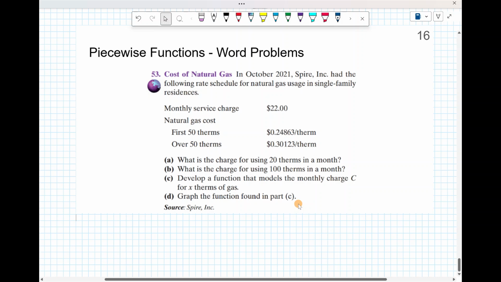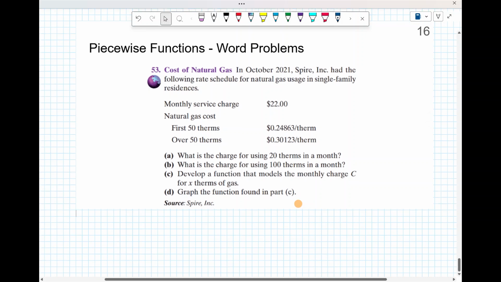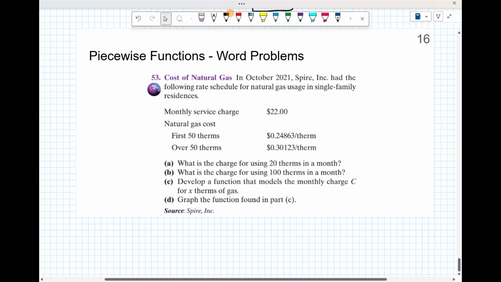All right. So in October 2021, Spire Incorporated had the following rate schedule for natural gas usage in single family residences.